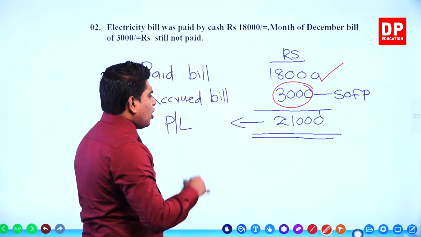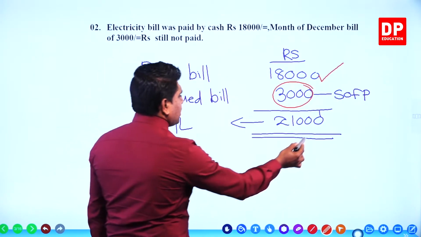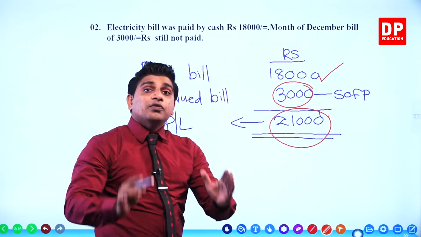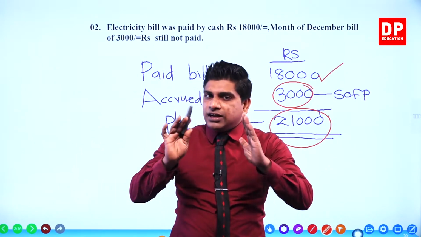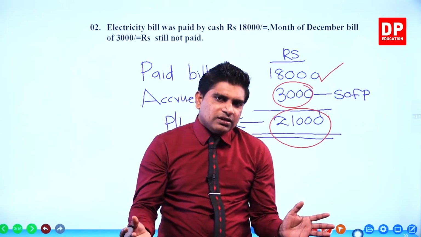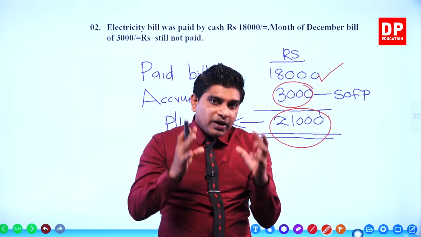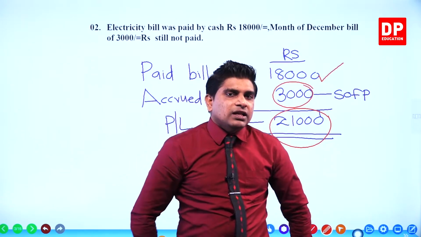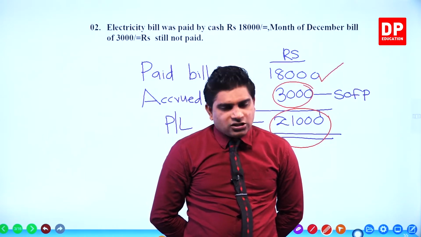Then total bill for the year 21,000, whether you paid or not. Full water bill or full electricity bill or full insurance or advertising or whatever. Whether you paid or not, the full amount of expense you must record in the profit and loss statement.